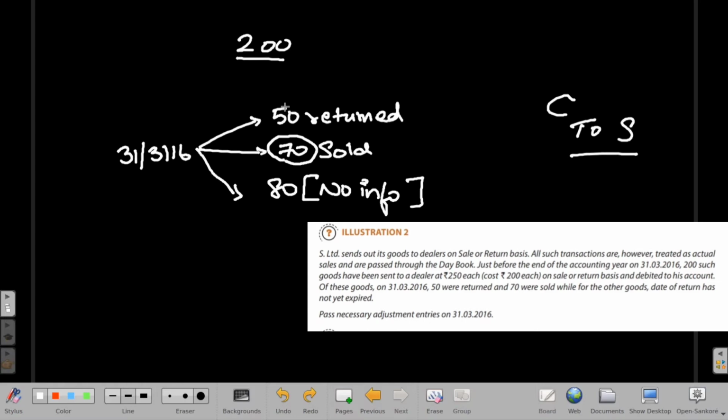But 50 were returned by the customers, so we'll have to put an entry for sales return. And for the remaining 80 at the year end, we have no information whether they were sold or returned. So for this, we would be reversing the sale.